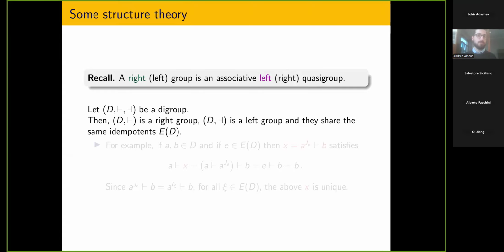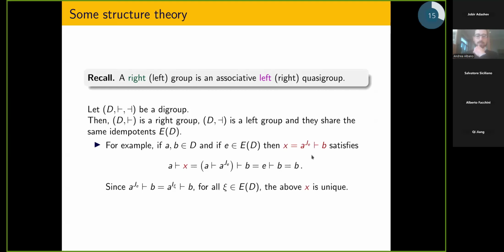Each bar unit in the digroup is an idempotent with respect to both operations, of course, and conversely, each idempotent with respect to any operation here, left bar, right bar, is a bar unit. The proof is quite elementary, and it simply amounts to proving that the left multiplication for the left bar operation and the right multiplication for the right bar operation are bijective. So I will just skim over this. I will skip this.